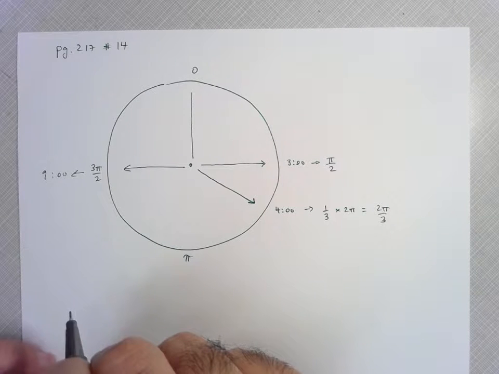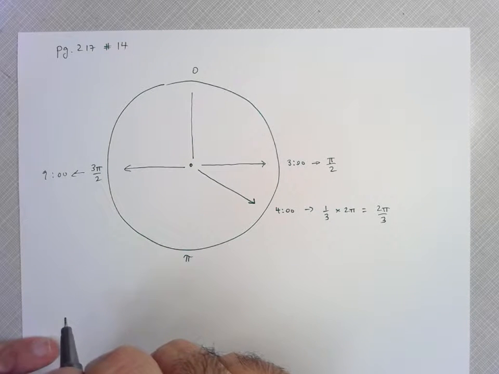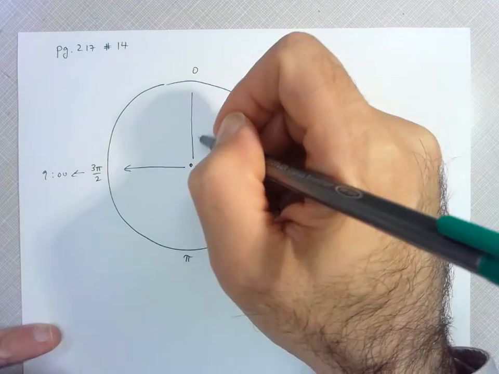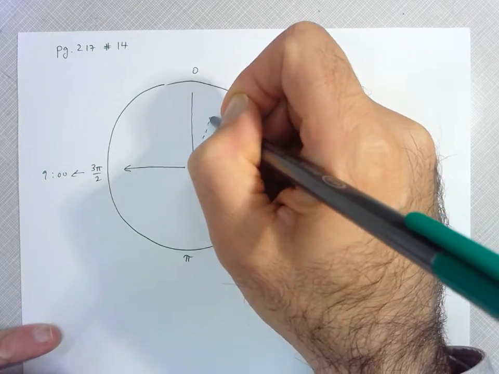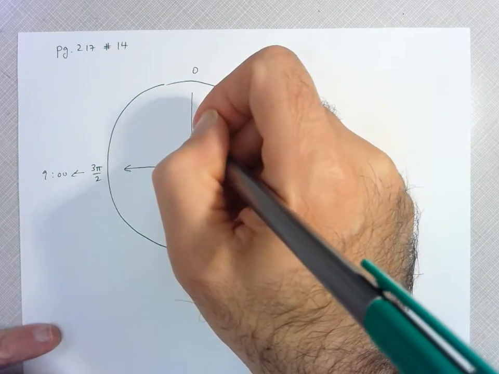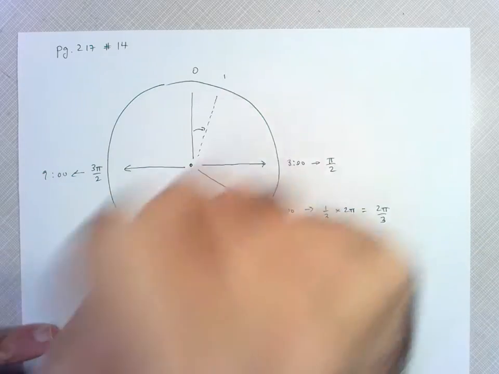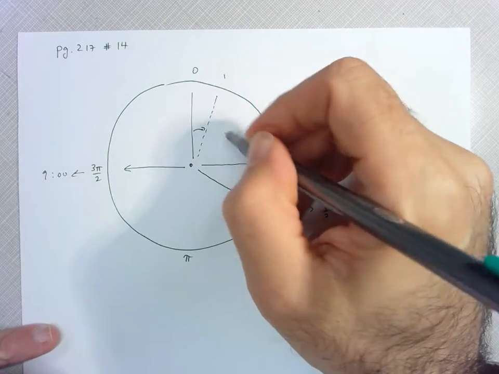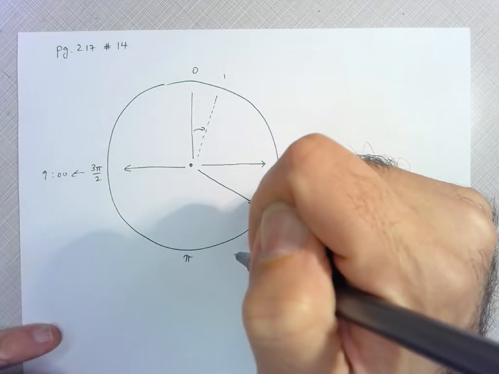It says, what normal time corresponds to a radian time of 11 pi over 6? Okay, so here, let's try to figure this out. At this point, we might want to consider what is the angle for each hour. We realize that the angle for each hour, say for 1, is 1/12 of 2 pi.